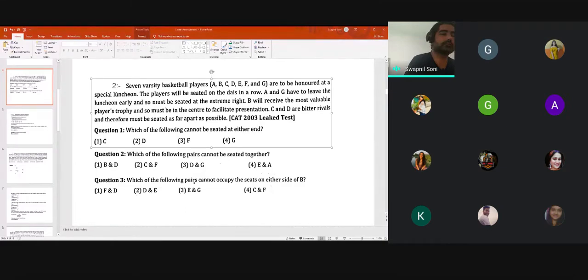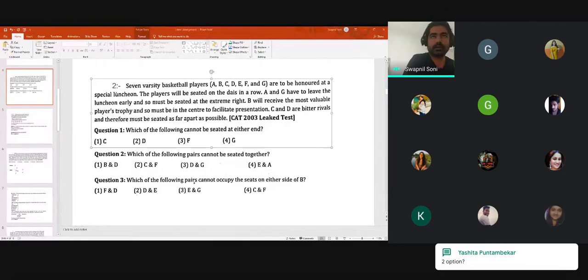Seven varsity basketball players, A, B, C, D, E, F, G, are to be honored at a special luncheon. The players will be seated on the dais in a row. So they will sit in a row. A and G have to leave the luncheon early, so must be seated at the extreme right. Since A and G have to be at the extreme right, it's up to you to decide what is right and what is left.